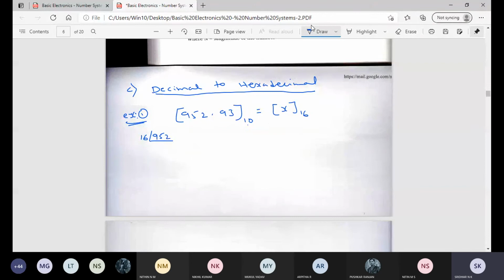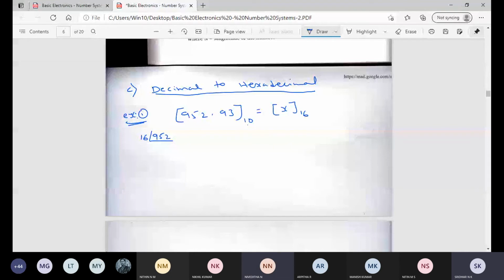What will be the quotient and remainder? Is it 59? Yes, sir, 59.